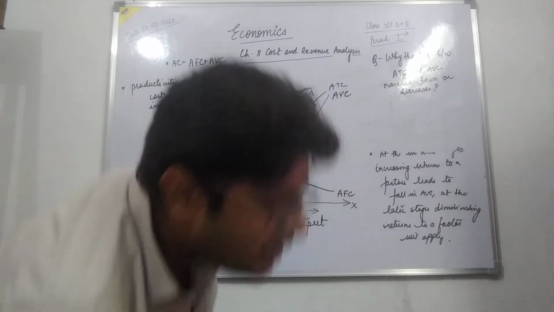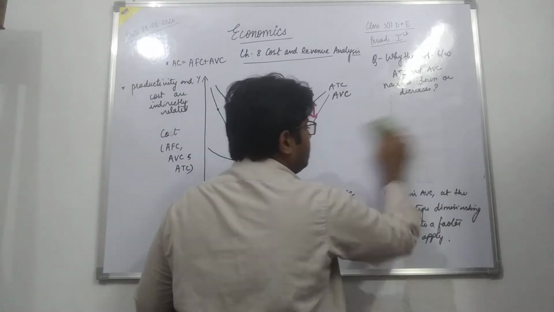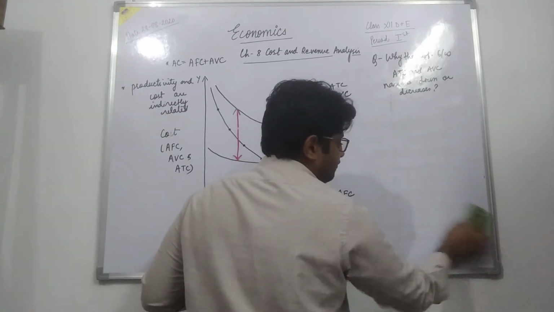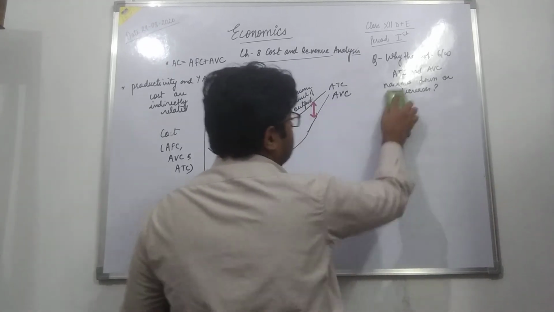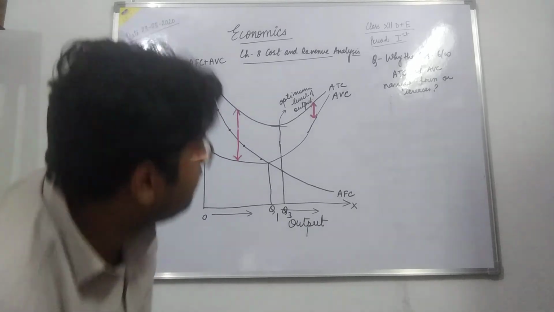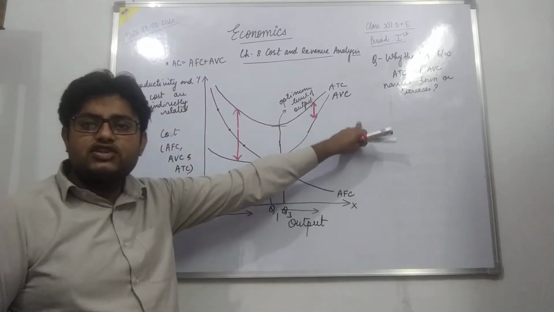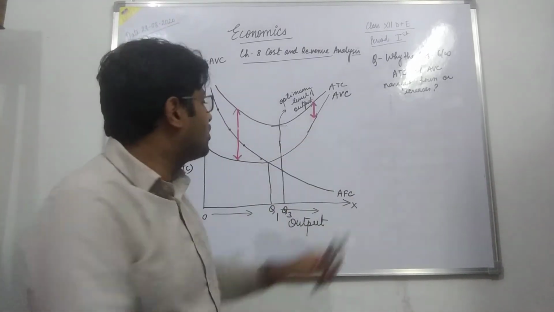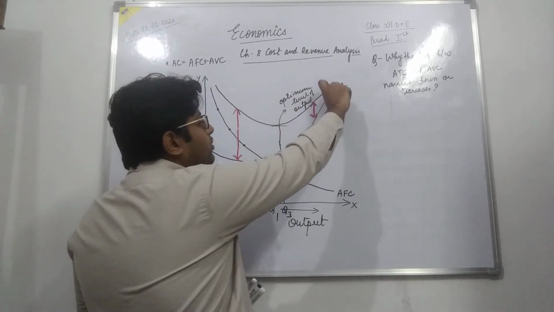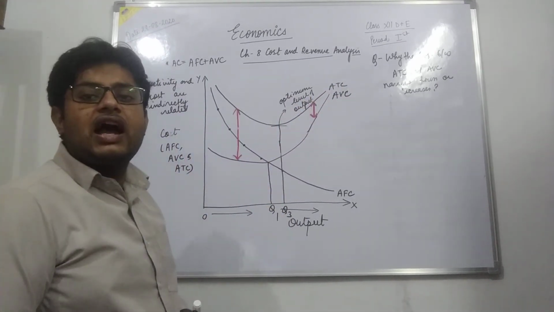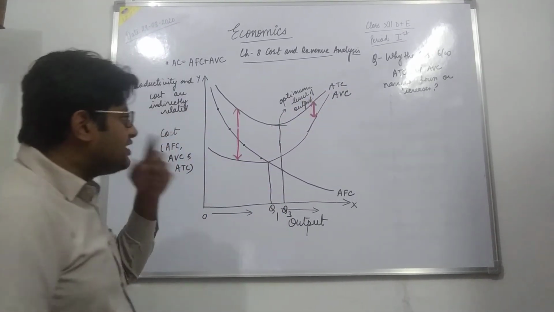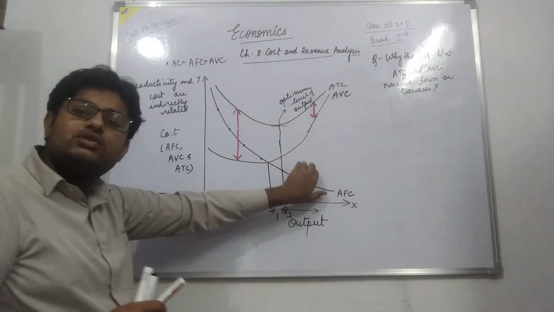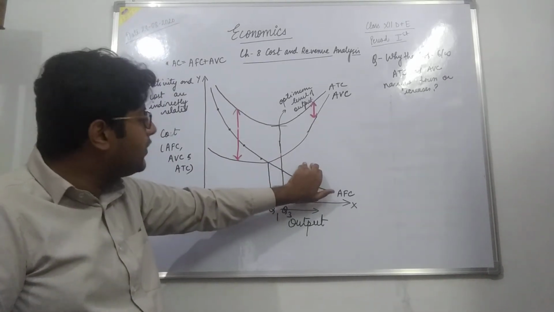I think this year only this question was asked in your boards. Okay, why the difference between the average total cost and the average variable cost narrows down with the increase in the output? The answer to this question is also based upon the mathematical thing.